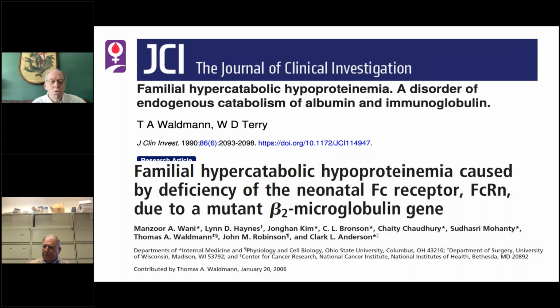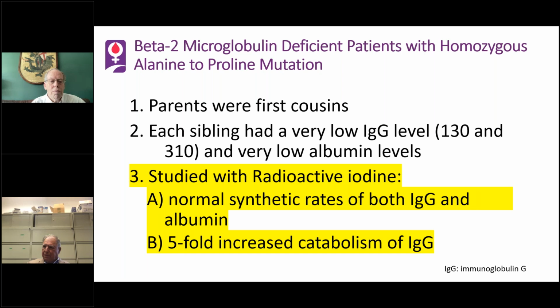In these two patients that had first cousin parents, and thus they ended up with a homozygous single amino acid substitution, each of the two siblings, a boy and a girl, had very low IgG levels. You may know that normal is typically over 600, and they were 130 and 310.